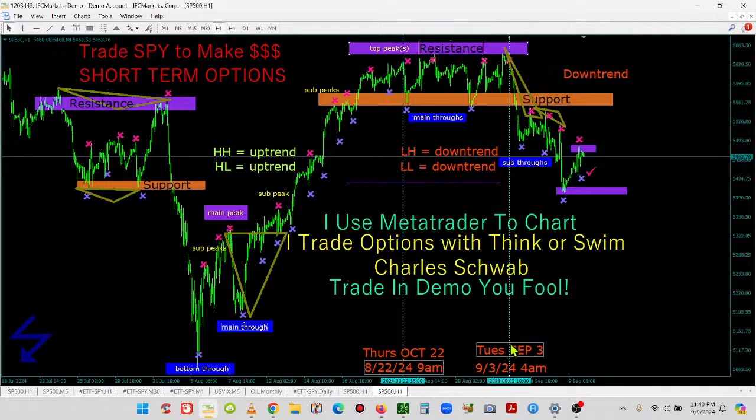We have our last bullish signs before this thing really started to tank.